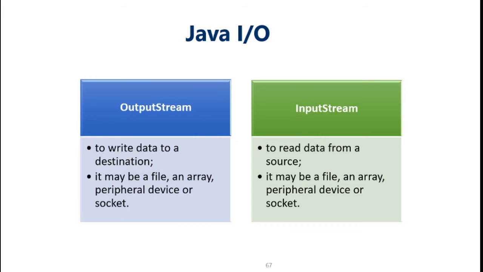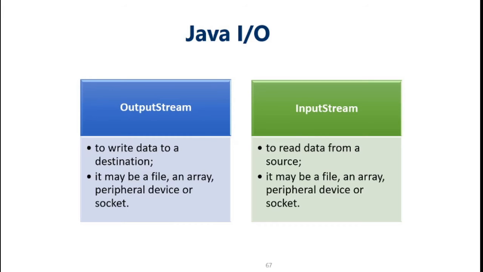Whenever we want to write data to a destination, we make use of the output stream, and that destination can be a file, an array, or any other peripheral device or socket. And if you want to read data from a source, then we can make use of the input stream.